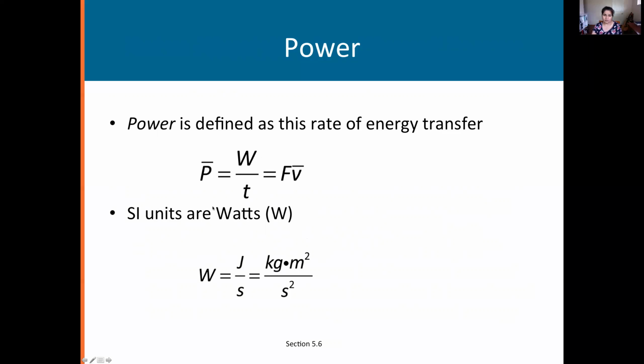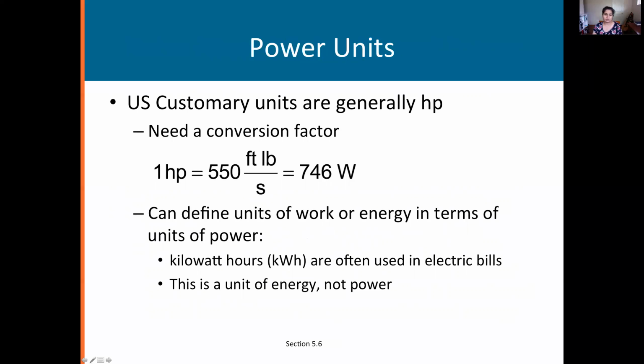Units for power are watts. This W is different from this W. Okay, this is the unit for power, watts. This is work. So 1 watt equals 1 joule per second. So if 1 joule per second is transferred, then we get 1 watt of power. Typically, if you look at your electricity bill, it will be using something called horsepower, and 1 horsepower converts to 746 watts.